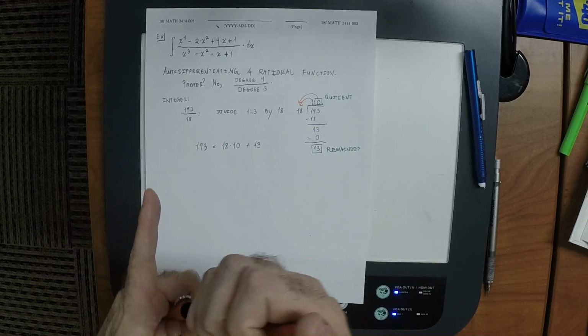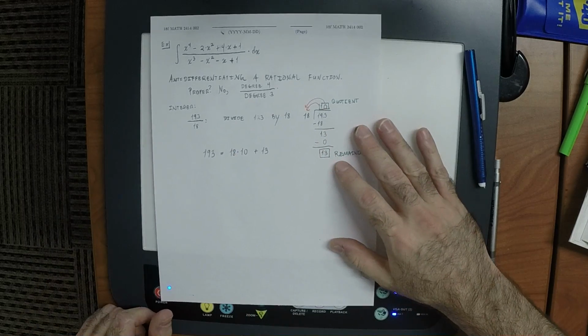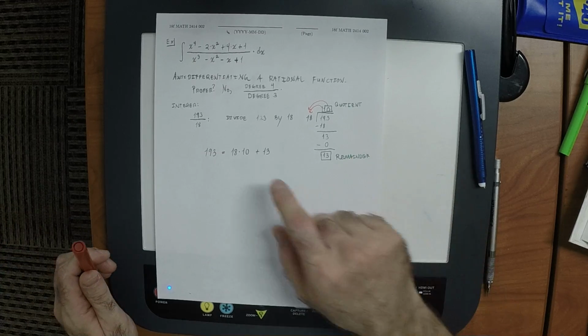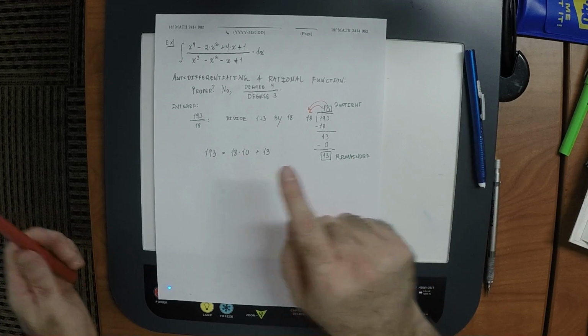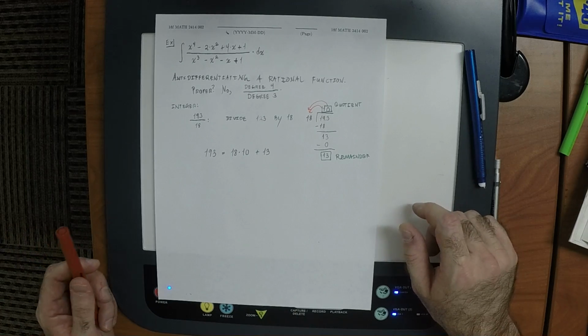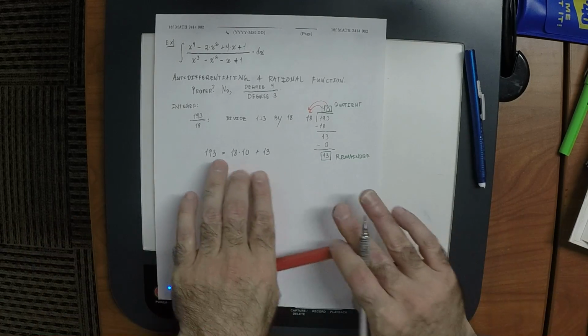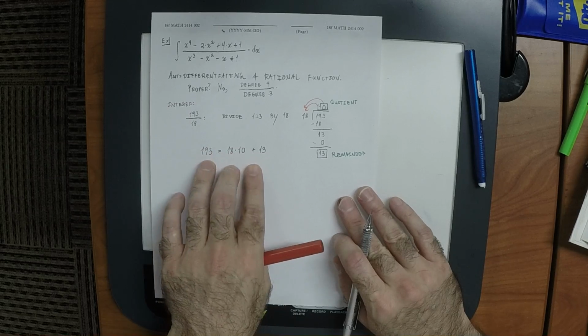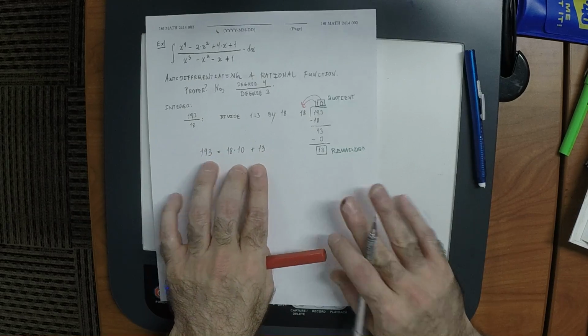Okay, and if I put a pile of 193 M&Ms in front of you, and I said, please make groups of size 18, you could make 10 such groups, and then there would be 13 left over. That's what that means.